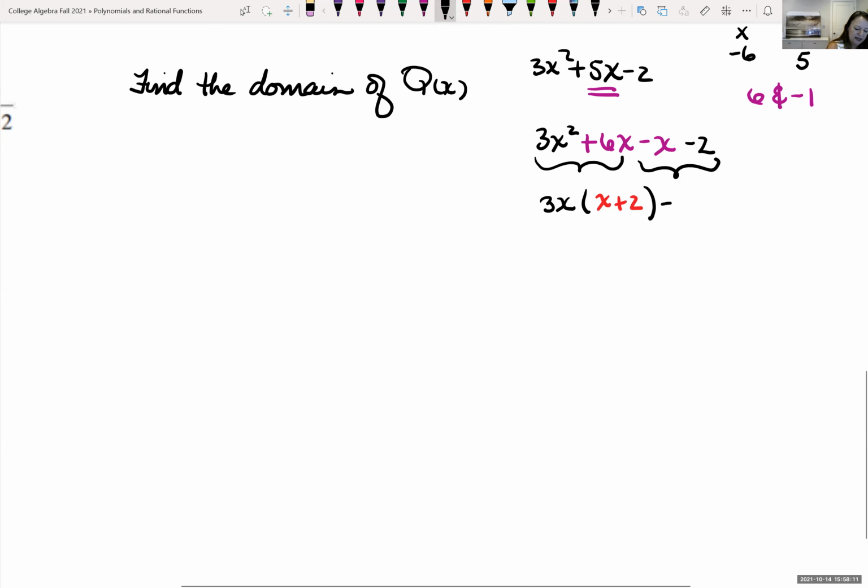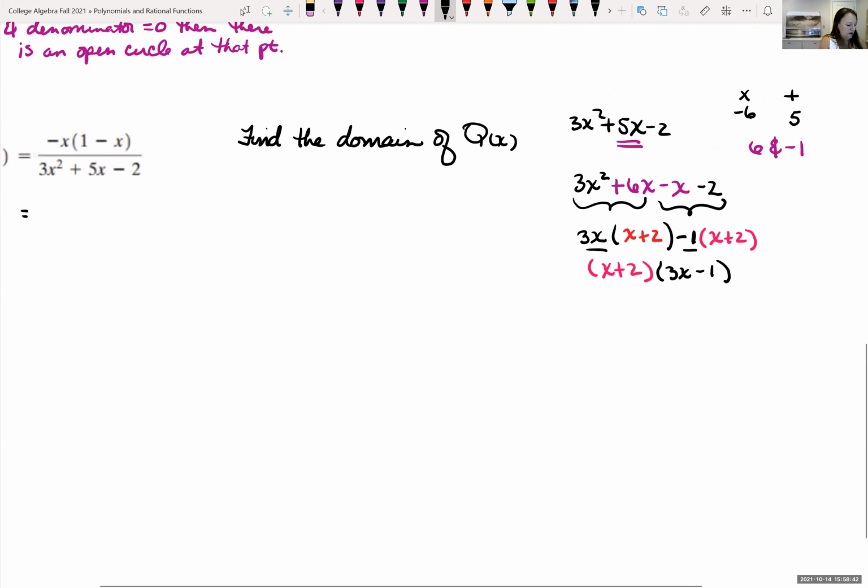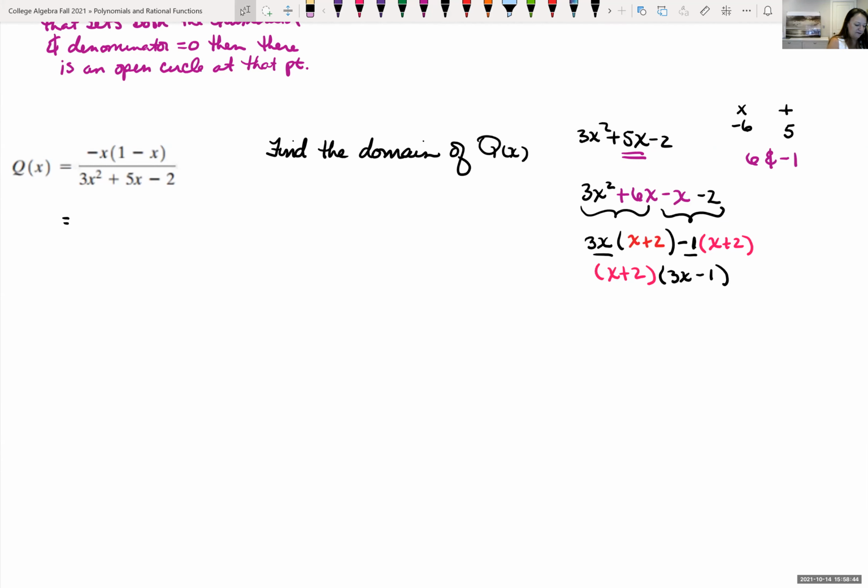A lot of times I don't write -1, but sometimes students have a hard time if there's not that one there, they drop it off when they factor out the parentheses. So for right now, I'm going to put it in there. And so let's pull out the x plus 2 from both groupings. And if we do, then we're left with a 3x from the first piece and a -1 from the second piece. And so we know that we can factor this.